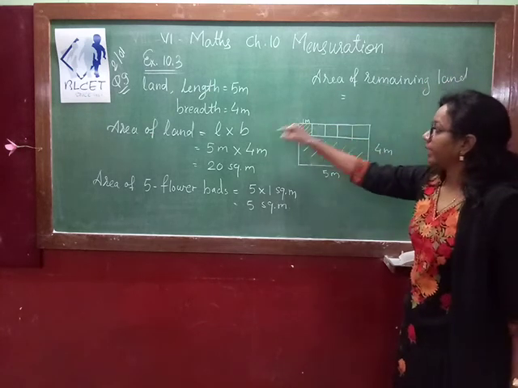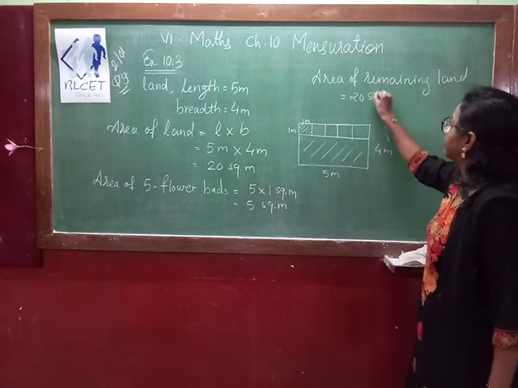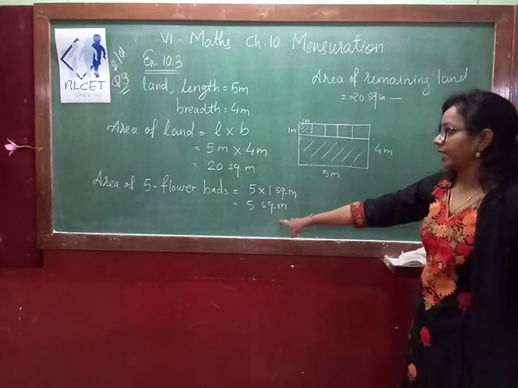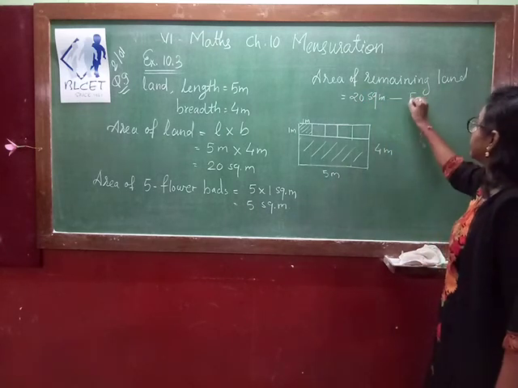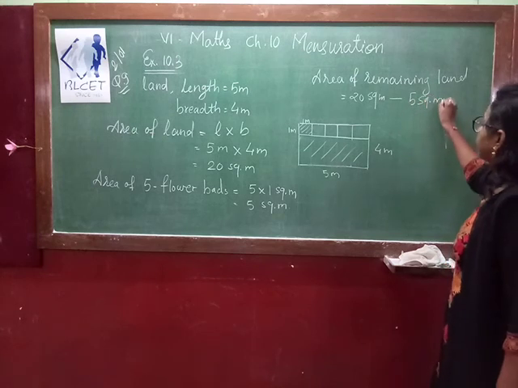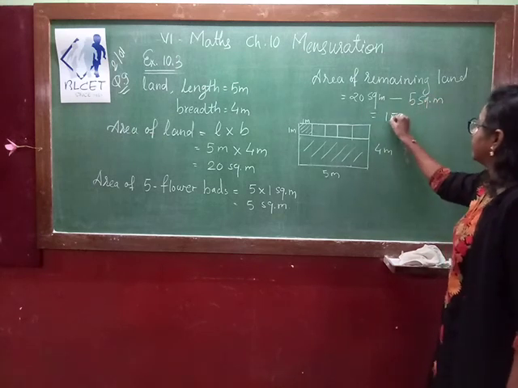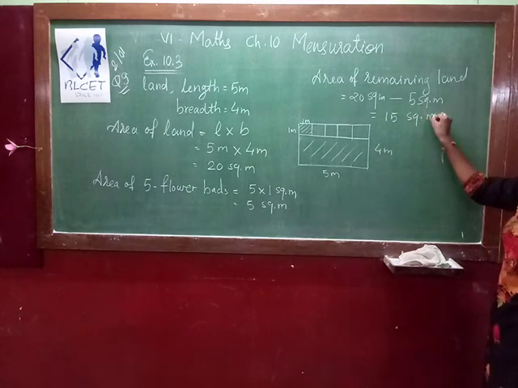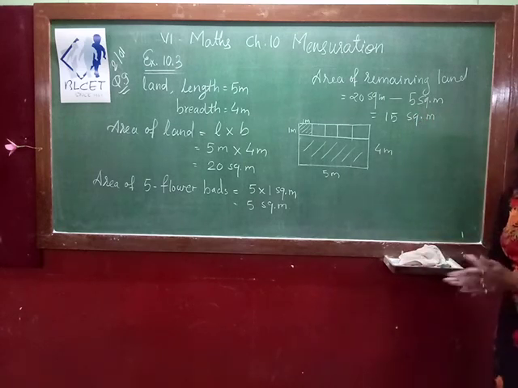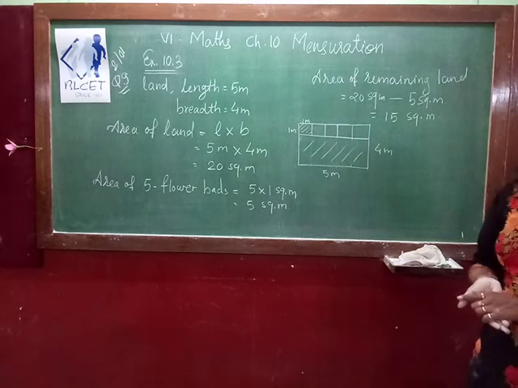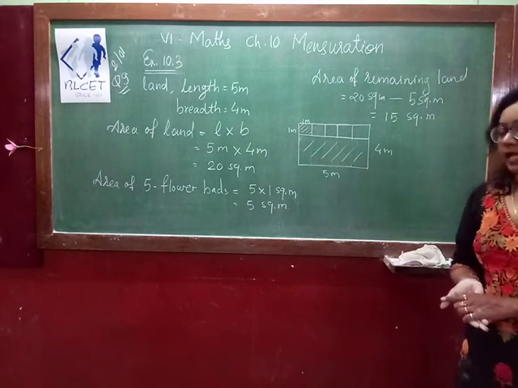Area of land 20 square meter minus area of 5 flower beds, that is 5 square meter. So what is the answer? 15 square meter. So this way we can find the answer of question number 9. Next we will see question number 10.